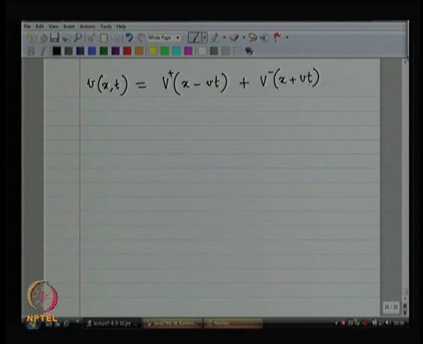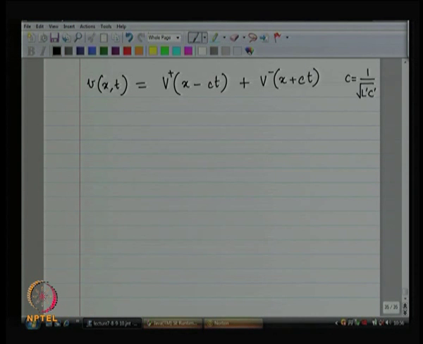Oh, I am sorry, I won't write it as V, I will write it as C, where C is equal to 1 by square root of L prime C prime.